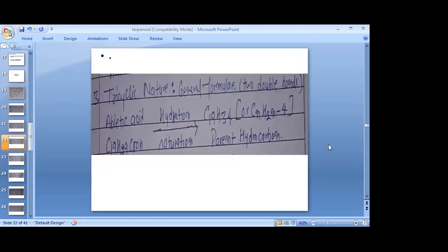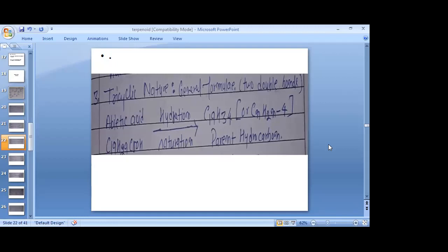Now, the next important point, as I already told, is that the compound is tricyclic in nature. How do we confirm the compound is tricyclic? You know about the general formula. The general formula of a tricyclic compound is CnH2n minus 4.